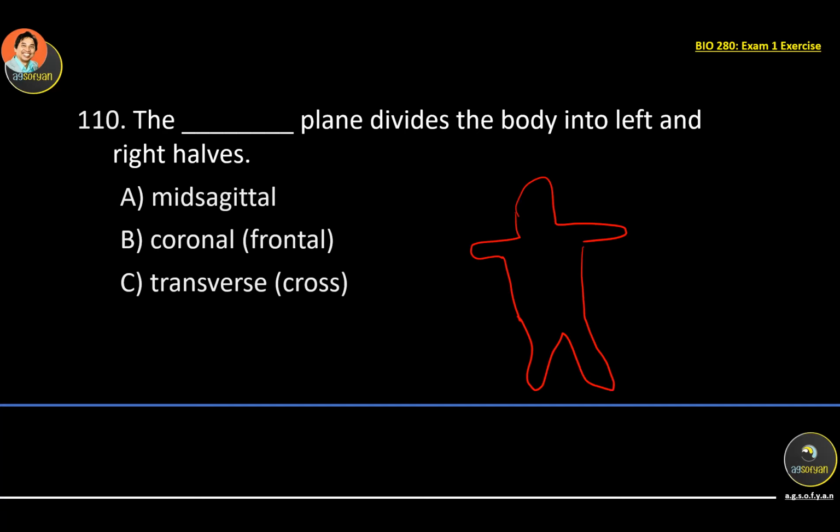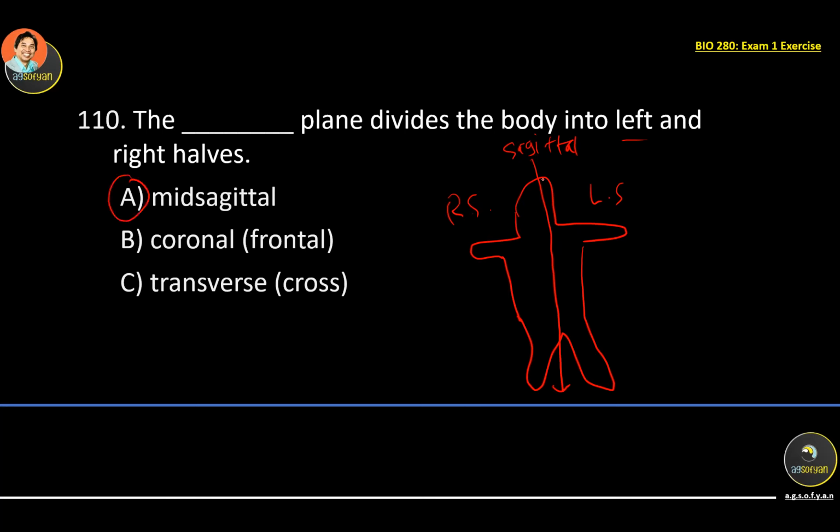If we divide it like this, you have a right side and a left side. This type of plane is called sagittal. Sagittal divides the body into left and right, so this is the answer.